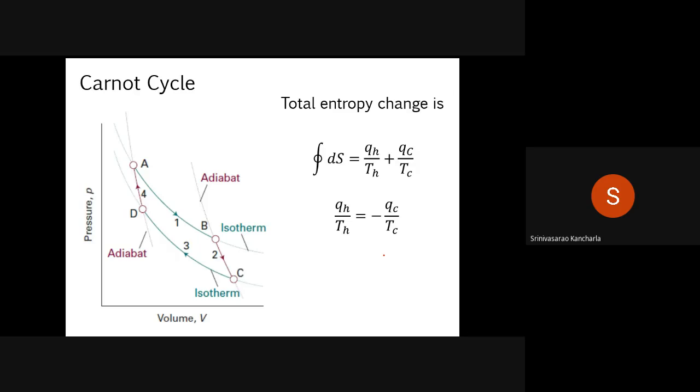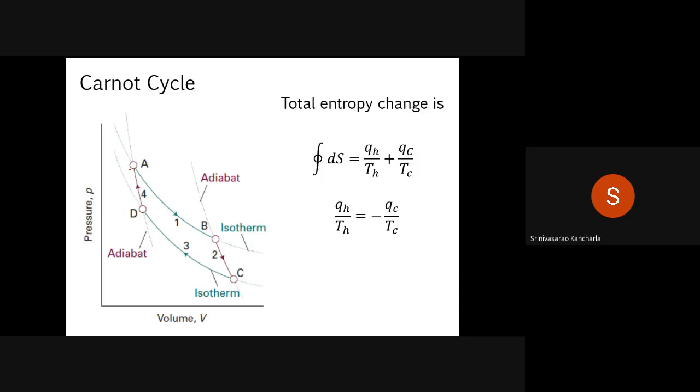Carnot is an engineer. He designed this process that has 4 different steps that go on in a cyclic process. Starting from A to B, it's an isothermal expansion, followed by adiabatic expansion, then isothermal compression and adiabatic compression.